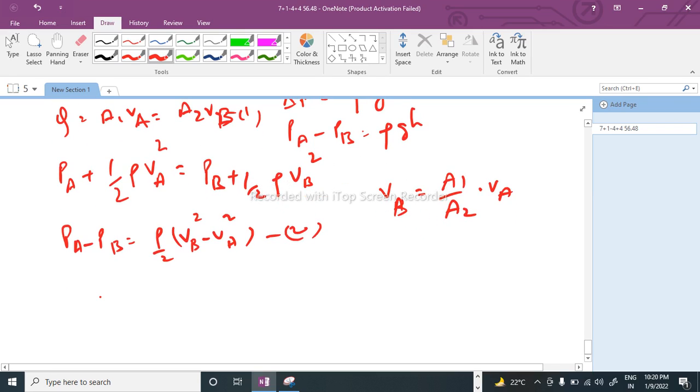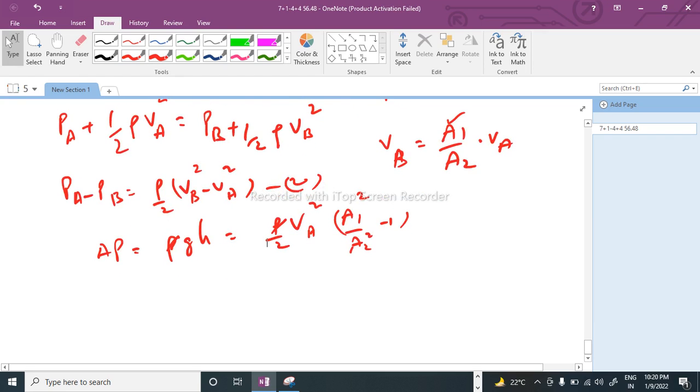So delta P is equal to rho GH is equal to rho by 2 into, in the place of VB we'll write this. VA square will be common, so this will be A1 square by A2 square minus 1. You can cancel out rho on both sides, so this will be 2GH is equal to VA square multiplied by A1 square minus A2 square by A2 square.